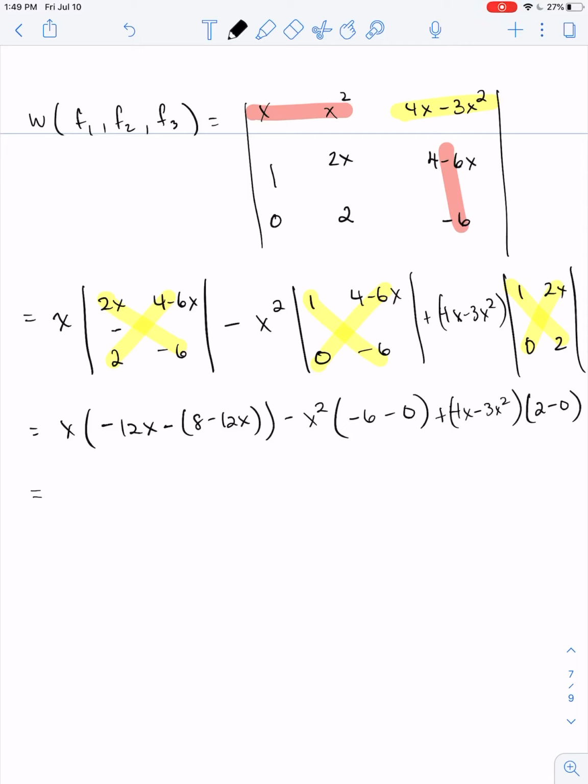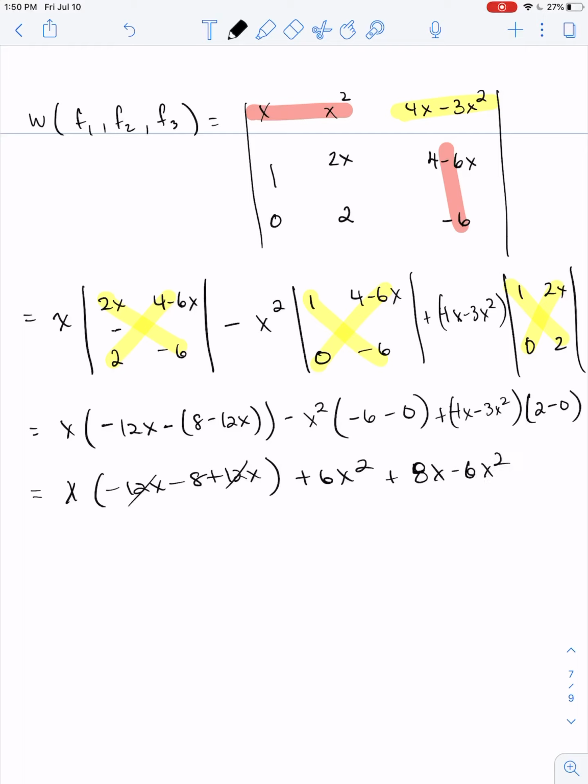So here, if you notice, I've got the x. So we get x times negative 12x minus 8 plus 12x. This is going to be a plus 6x squared. This is going to be a plus 8x minus 6x squared.